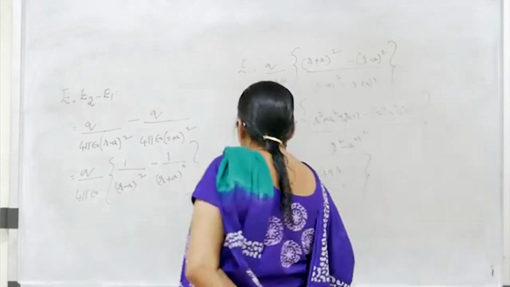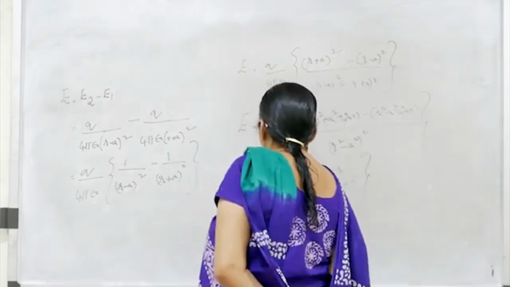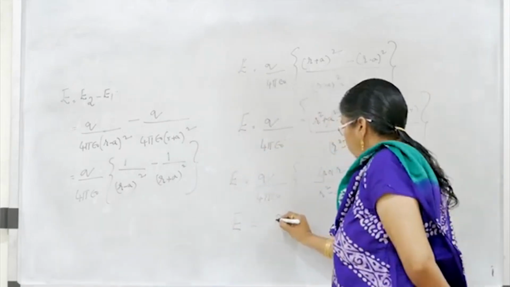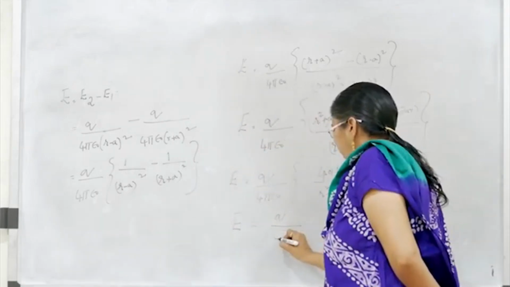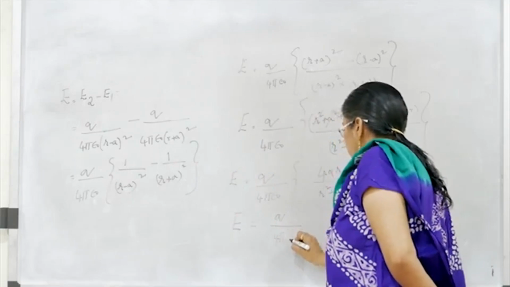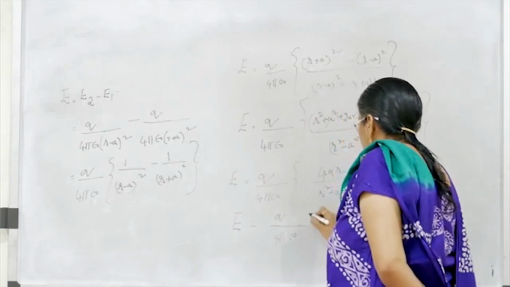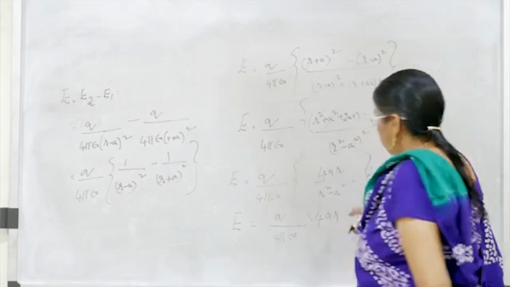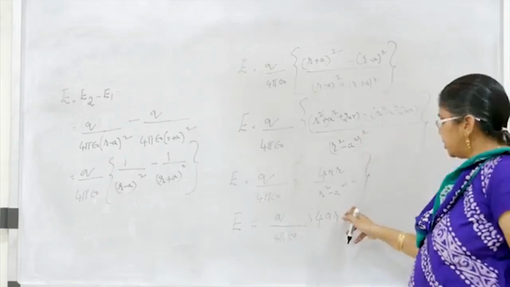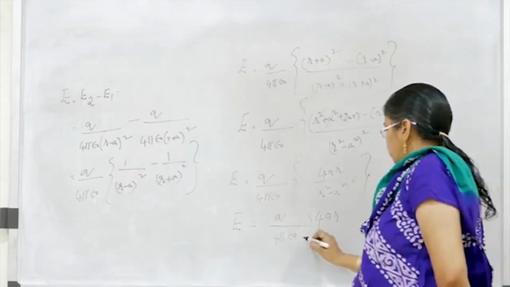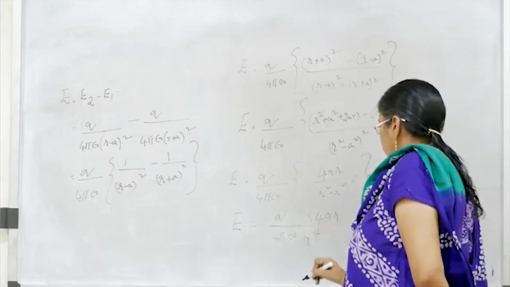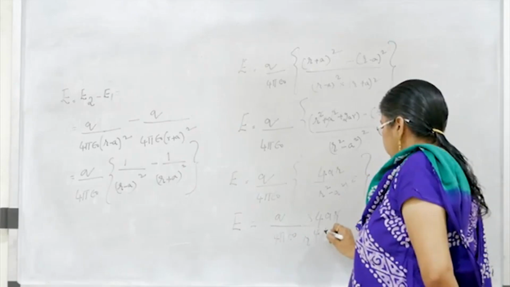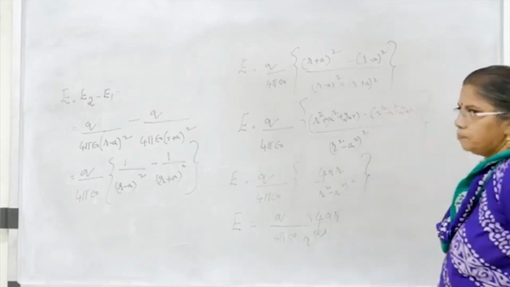So E is equal to Q by 4 pi epsilon 0 into 4AR. Here A square is less compared to R, so the denominator becomes R power 4. So R gets cancelled, so this becomes R cube.